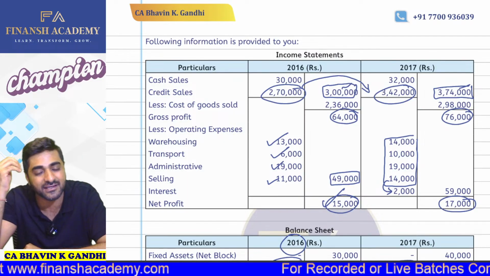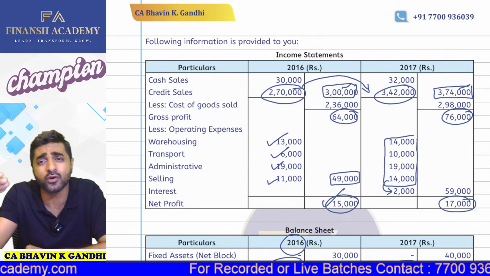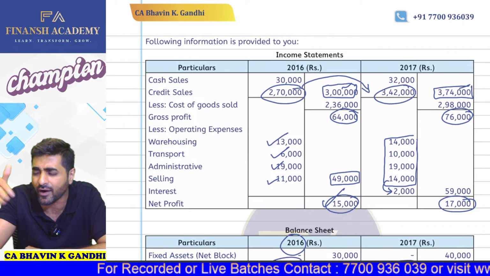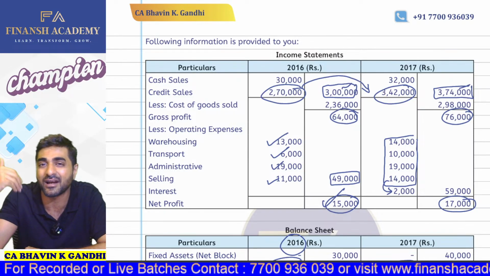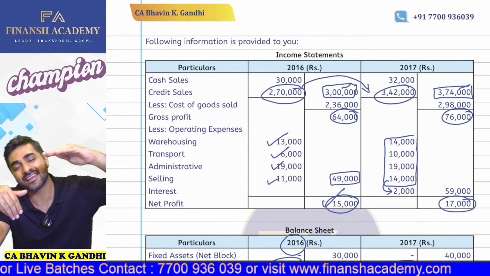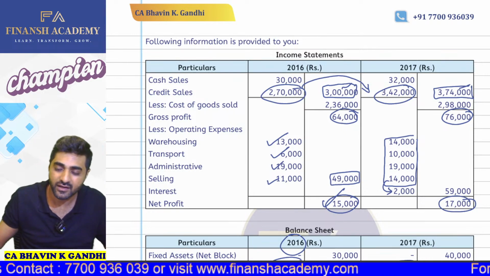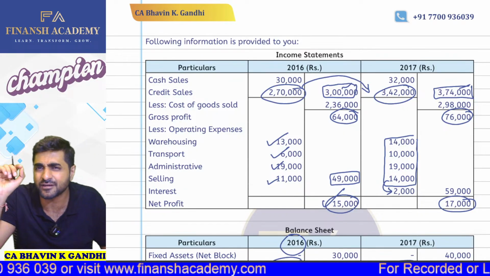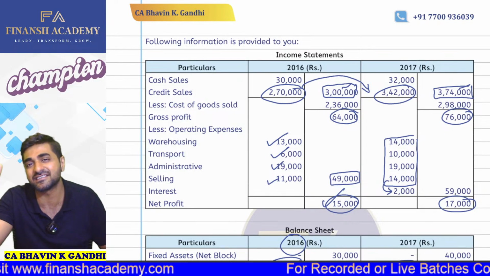Because whenever I want to increase the sales, what I can do in the market is enhance the credit period. If I keep on enhancing the credit period, the debt collection period keeps on increasing, so more and more people will want to buy from me. And if more and more people want to buy from me, then automatically my credit sales will rise. Come on, yes or no? The answer is yes, sir. So always remember this, that an increase in your debt collection period, if it leads to an increase in credit sales, can still be justified.